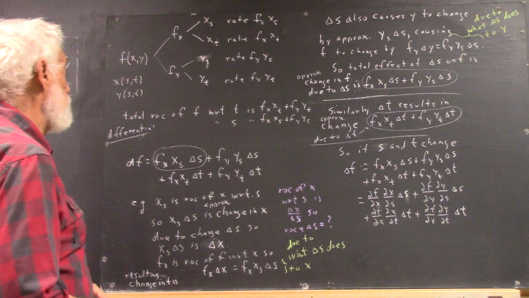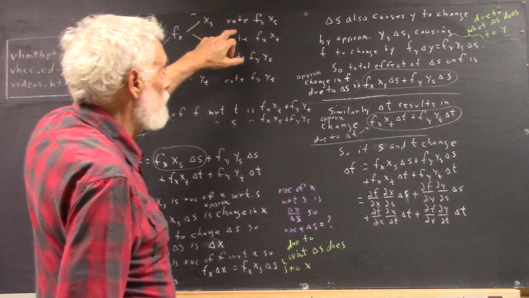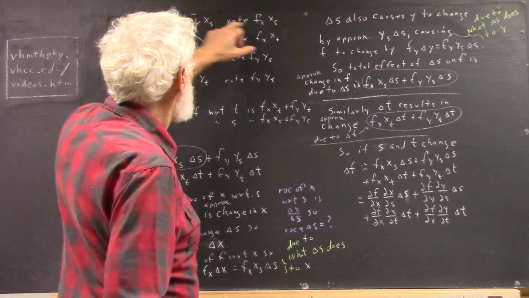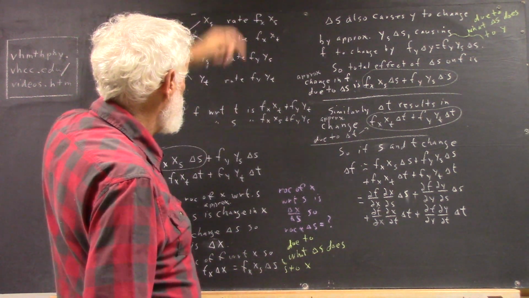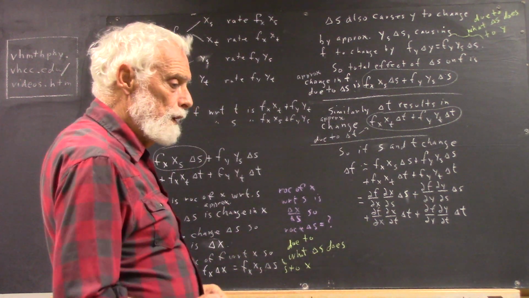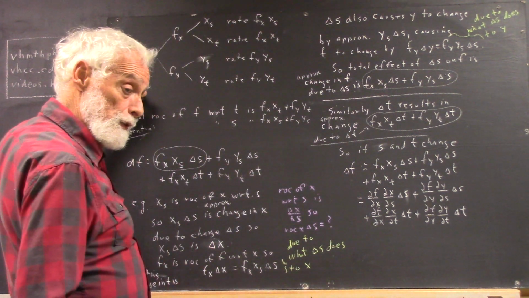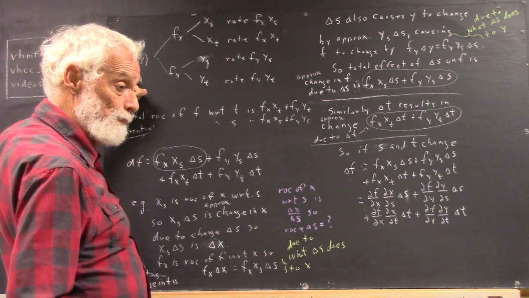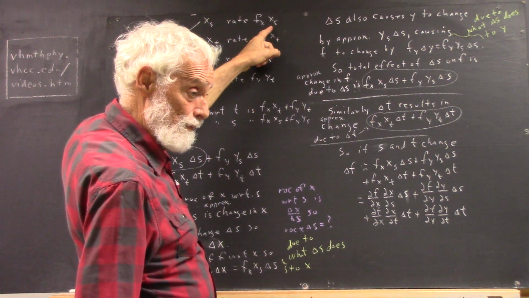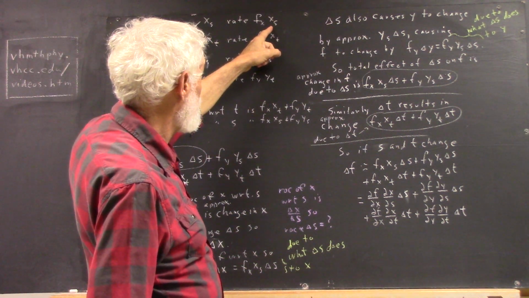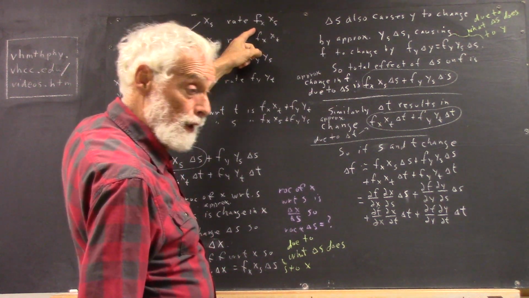So that's the rate of change, fx xs. I think I said it right. This is the rate at which f changes due to the change in s and its effect on the x coordinate.